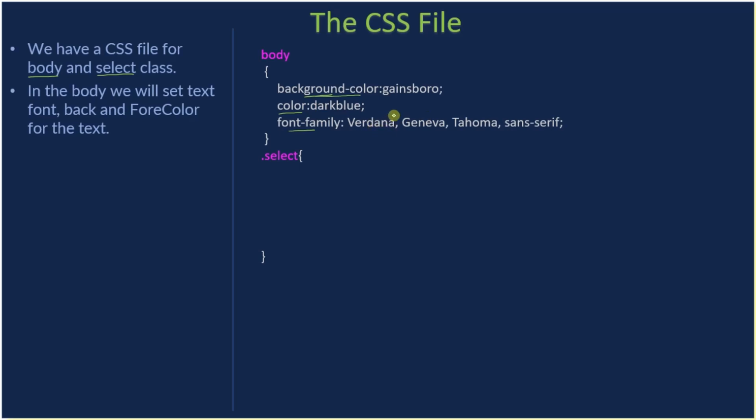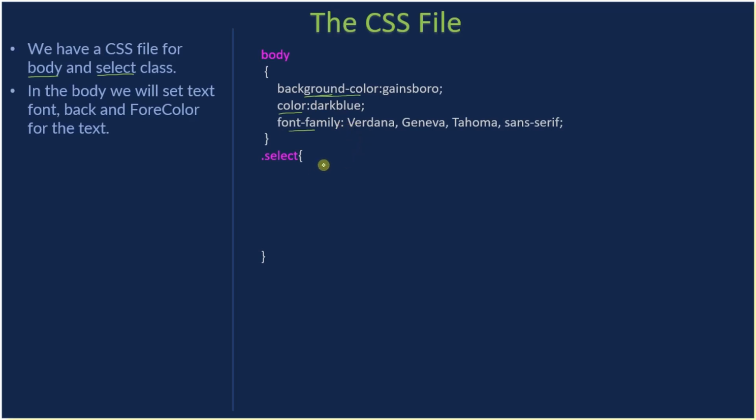If it is not there, then it will jump to Geneva. If the Geneva font is not there, then it will check if the Homer font is there. If it is not there, we will go to sans serif. And if all 4 fonts are not there, then we will not apply any font and we go with the default font. That's the font family.